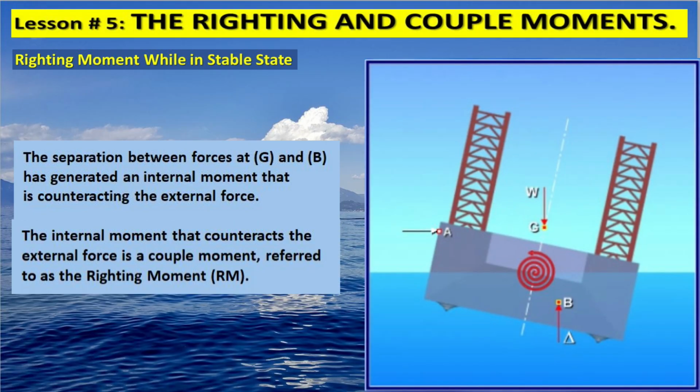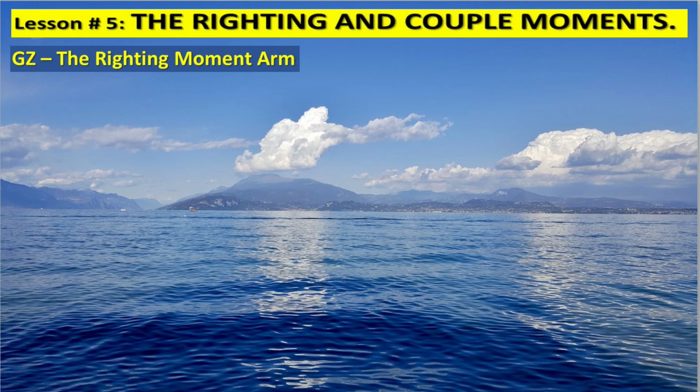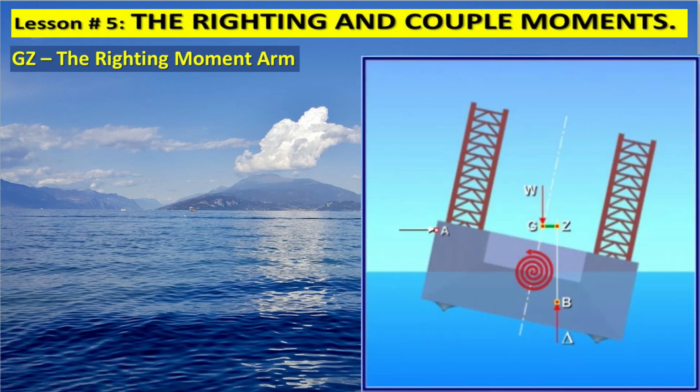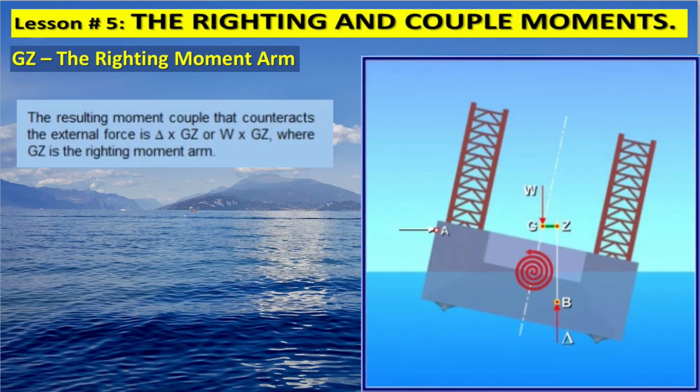The internal moment that counteracts the external force is a couple moment, referred to as the righting moment, Rm. The resulting moment couple that counteracts the external force is delta times Gz, or W times Gz, where Gz is the righting moment arm.